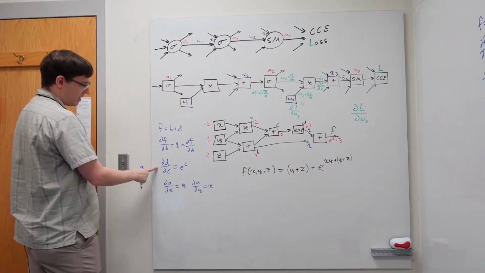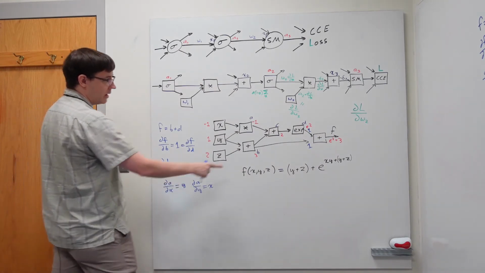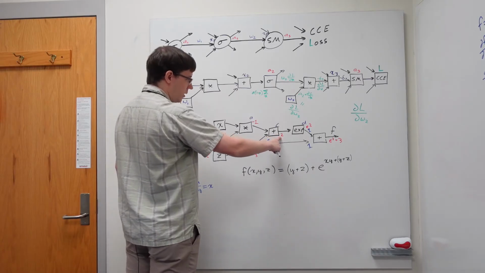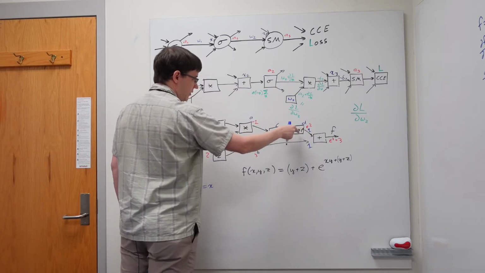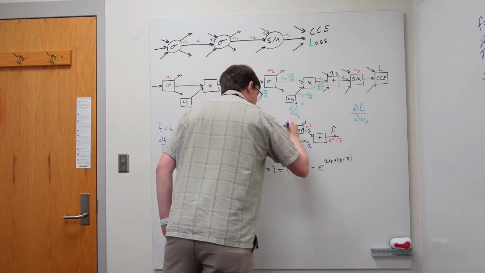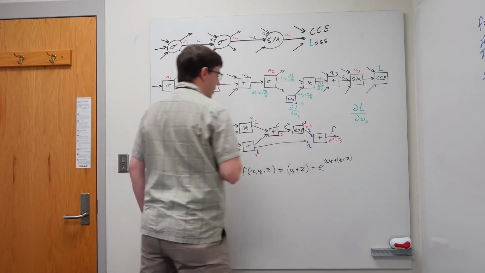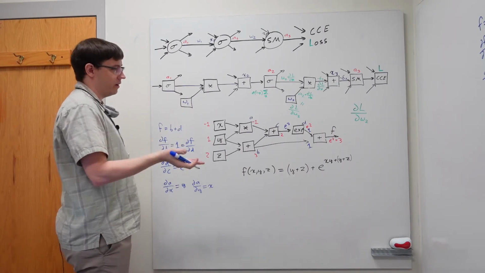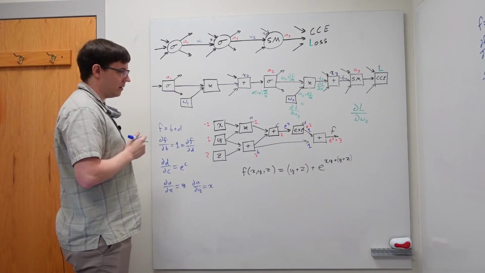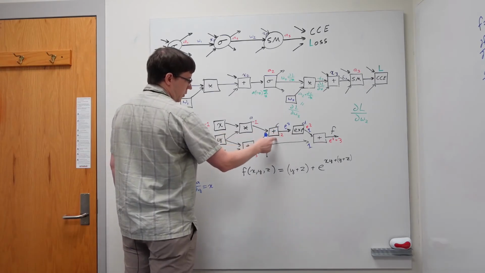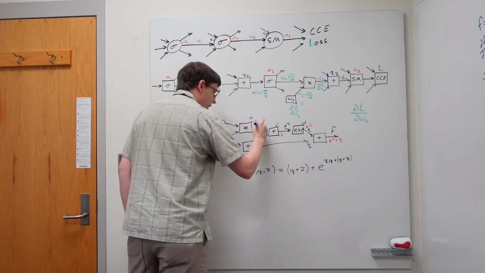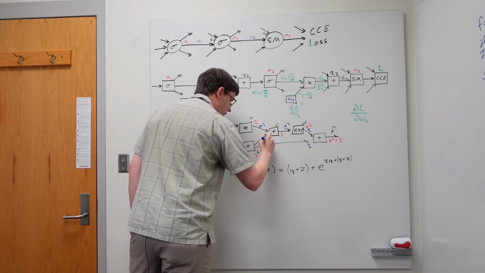So d with respect to c is e to the c, and on our forward pass we computed that c was 2, so we get 1 times e to the 2, and so this partial derivative is e squared. That's the partial derivative of f with respect to c. Then we continue. The partial derivative of a sum is 1, so we get 1 times e squared, so just e squared here, e squared here.